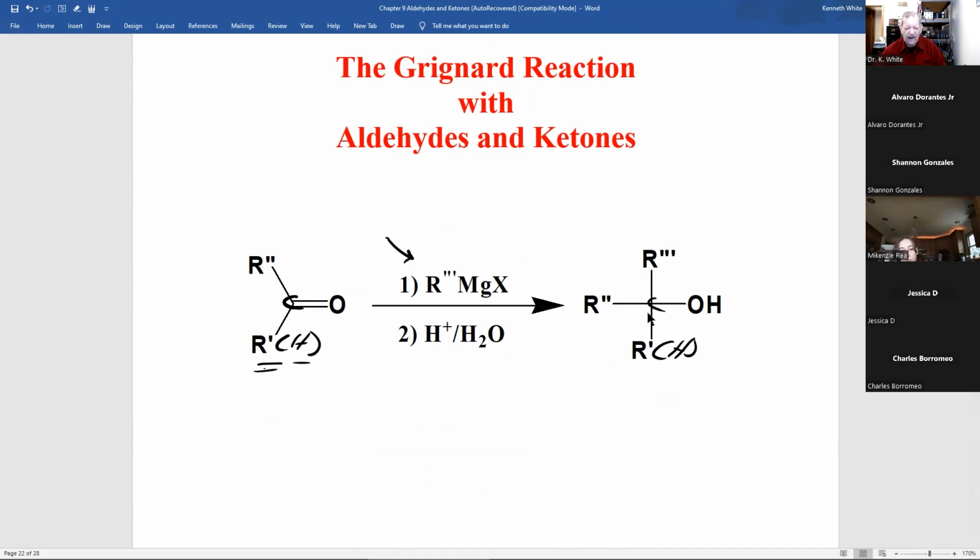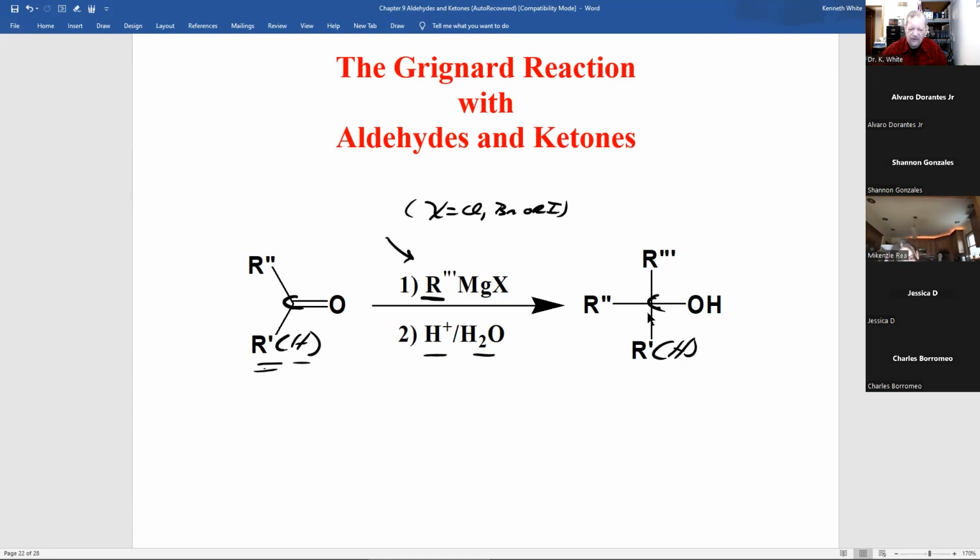First step, react with a Grignard, R triple prime MgX. Remember here, X equals chlorine, bromine, or iodine. Second step, acid and water. And what you get is this alcohol.